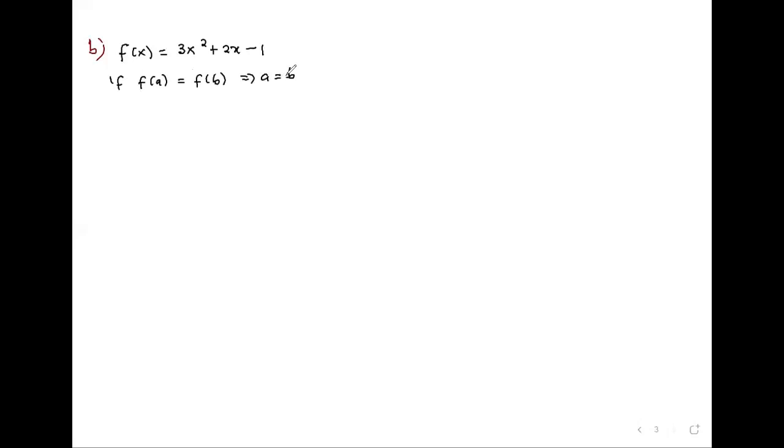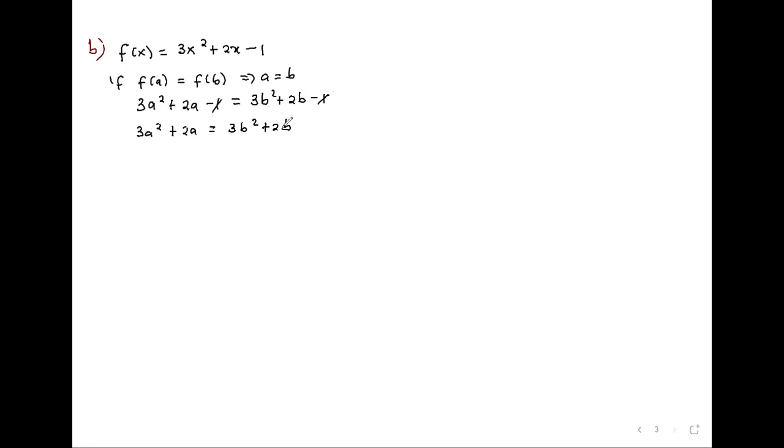So we check f of a, in this case 3a squared plus 2a minus 1, which is equal to 3b squared plus 2b minus 1. So the ones will go, and then we remain with 3a squared plus 2a is equal to 3b squared plus 2b.